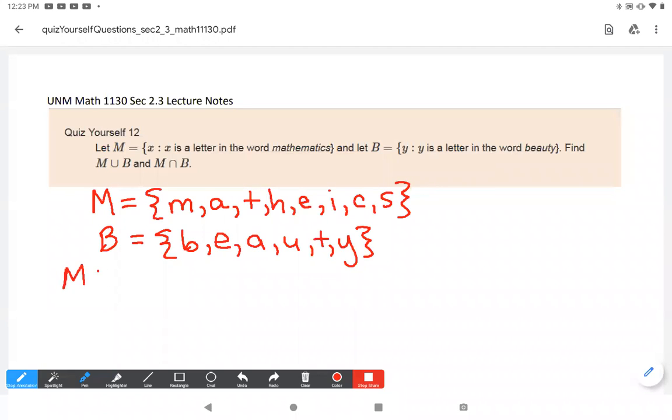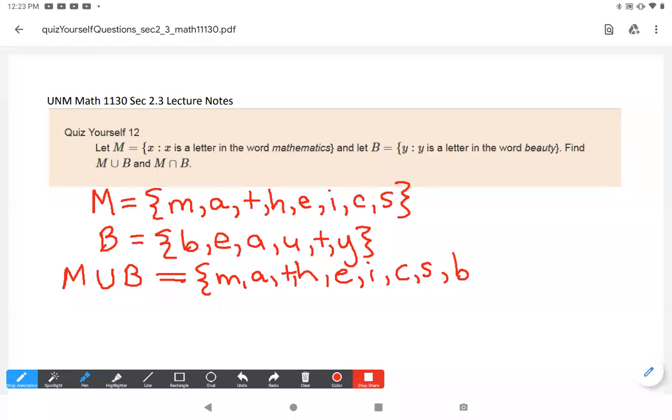So if we take M union B, then we take all elements from M and all elements from B and we stick them in a list together.